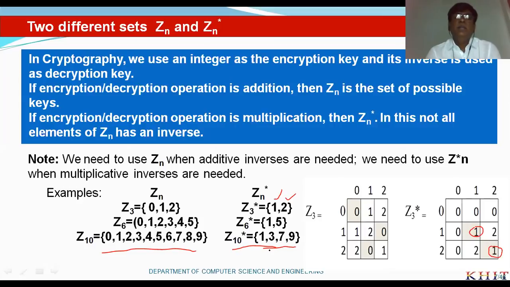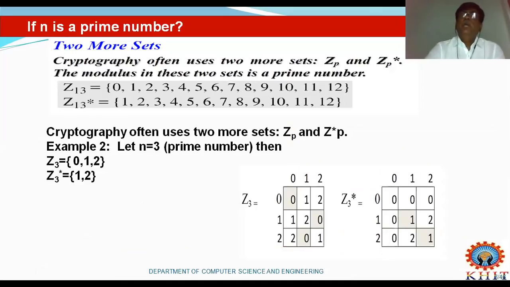So Zn is related to the additive inverses. Zn star is the multiplicative inverses. So we have two more sets here. Suppose n is a prime number, consider Z13. If you observe Z13 and Z13 star, n is a prime number, then it has from 0 to n minus 1, all having additive inverses.